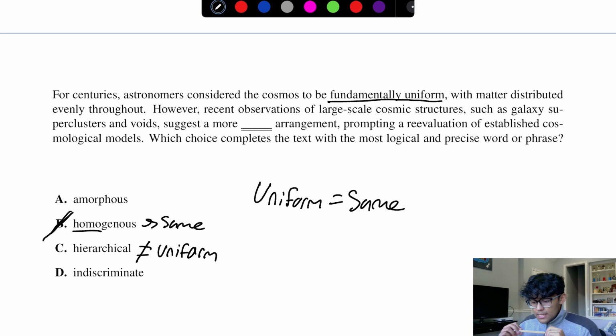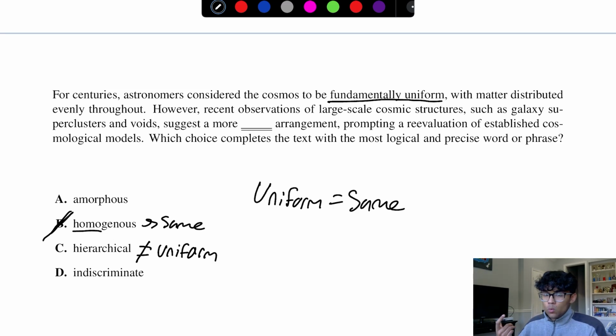And then D is indiscriminate. Yeah, that doesn't really make sense here, right? If I just read it again, such as galaxies, superclusters, and voids suggest a more indiscriminate arrangement. Well, indiscriminate basically means that someone doesn't care, right? So let's say you're indiscriminately choosing clothes to wear.